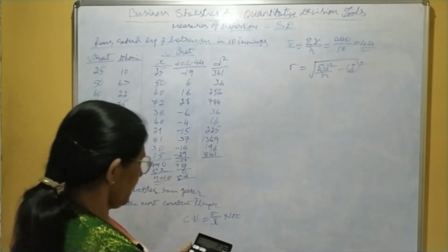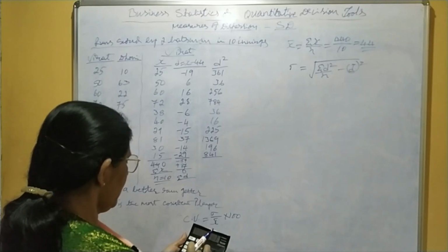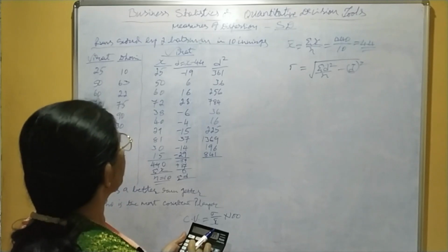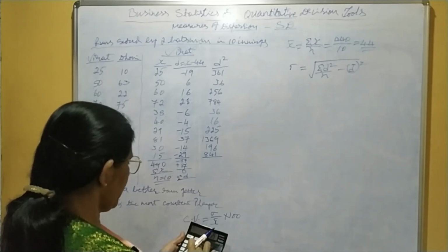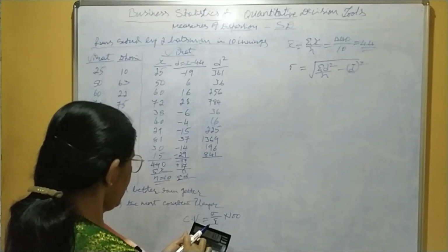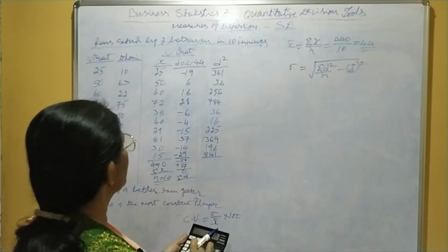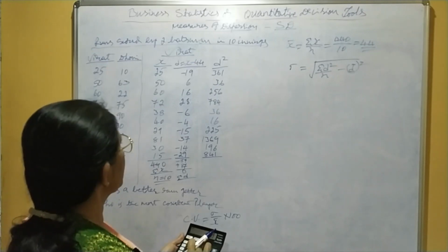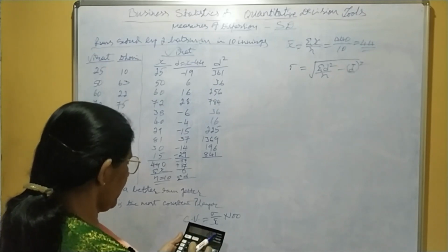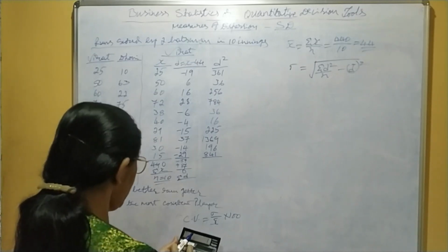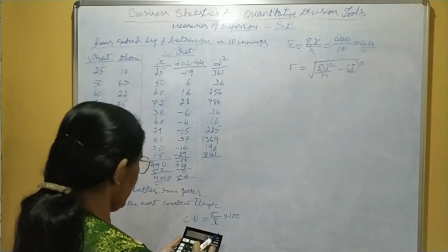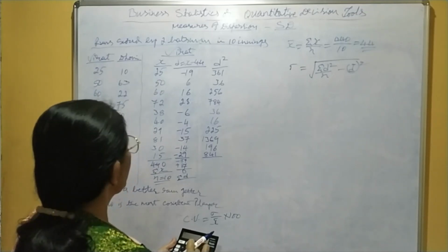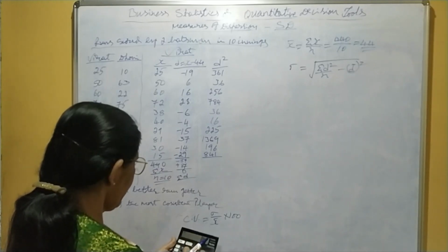Now take d square total. 361 plus 36 plus 256 plus 784 plus 36 plus 16 plus 225 plus 1369 plus 196 plus 841.